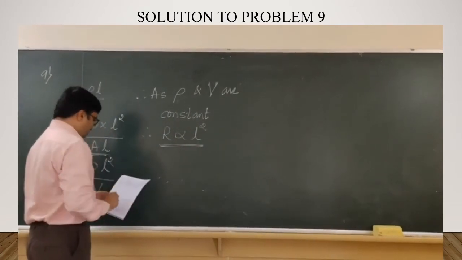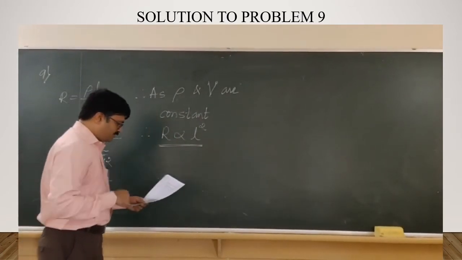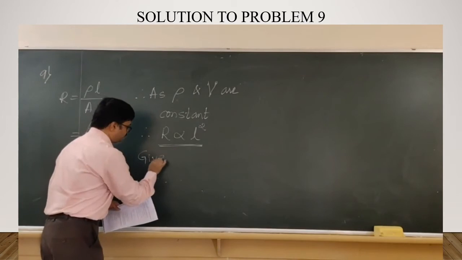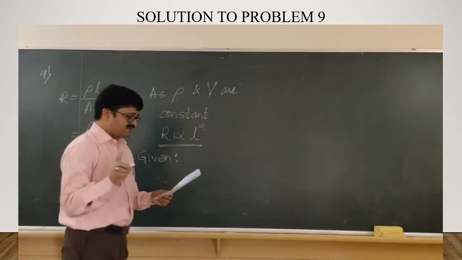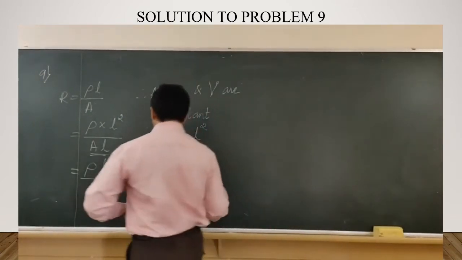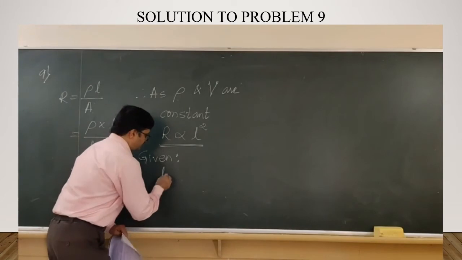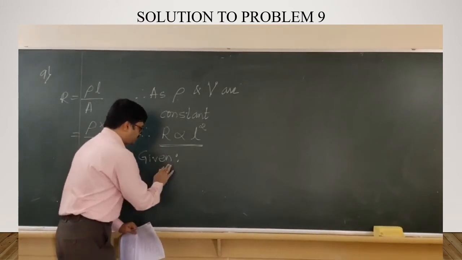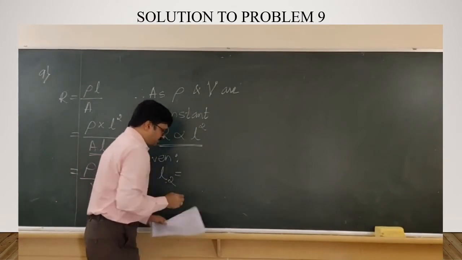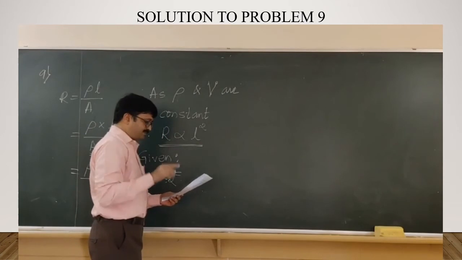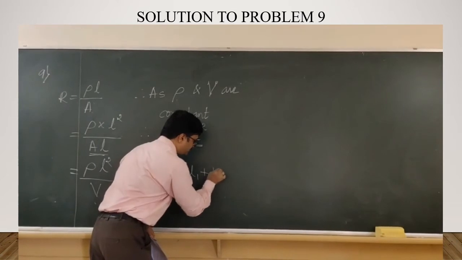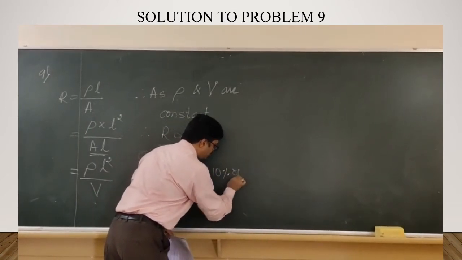Okay, fine. Now let's concentrate on what is given to us. A resistance wire is stretched uniformly to increase its length by 10%. That means L dash, which I call L2, is equal to, increased by 10%, so L1 plus 10% of L1.